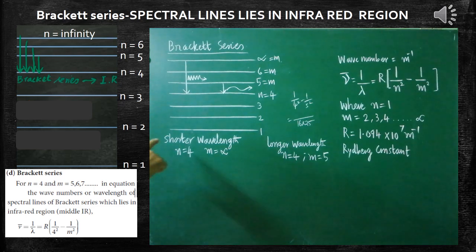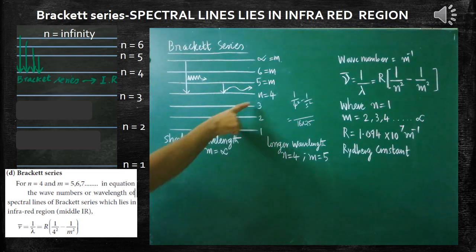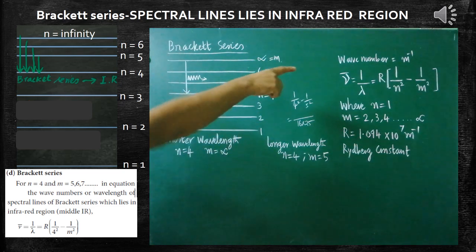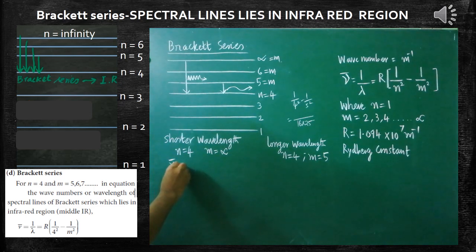When the shorter wavelength radiation is emitted, look at that. Here the electron transition takes place from infinity orbit to fourth orbit. So therefore n is equal to 4, and m is taken as infinity. So already the formula is there: nu bar is equal to r, instead of n substitute 4, 1 by 4 square minus 1 by infinity square.